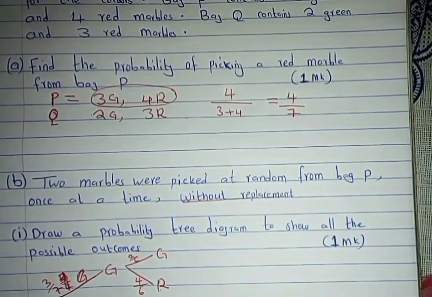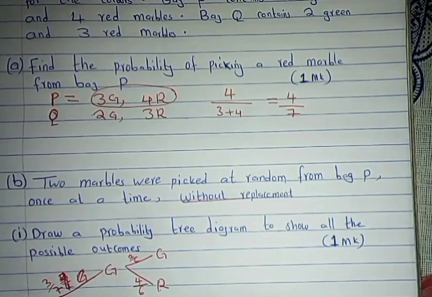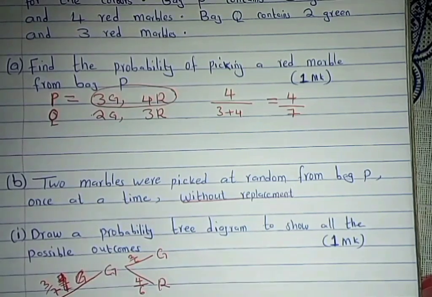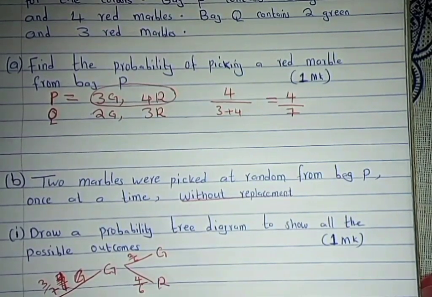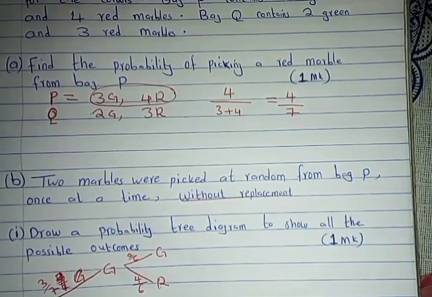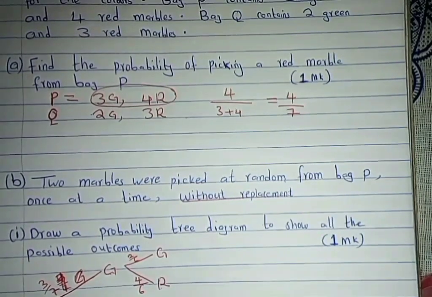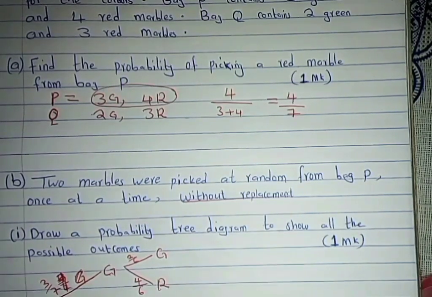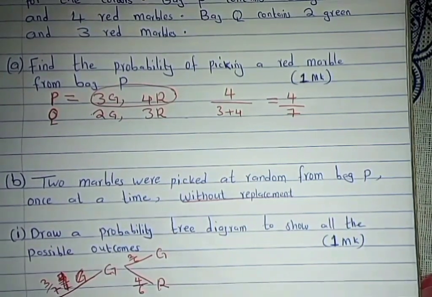Then on the red part, you have picked a red, and there's a probability of picking a green. If you pick a green, the number of green there will be 3 out of 6, and the red there will be 3 out of 6.